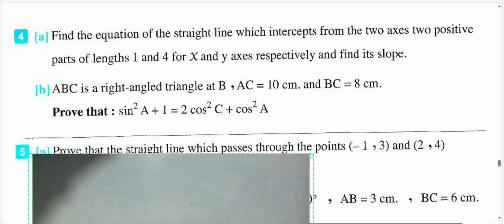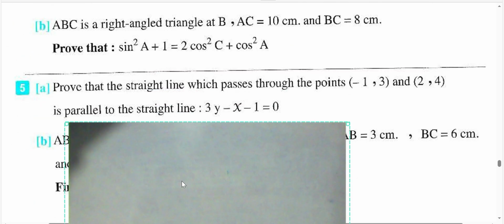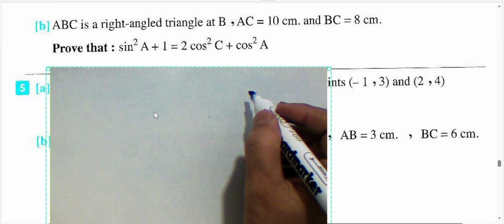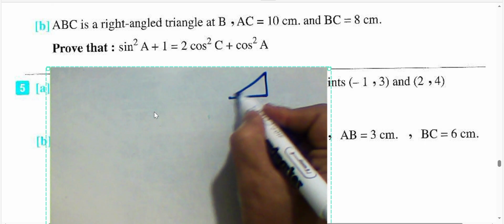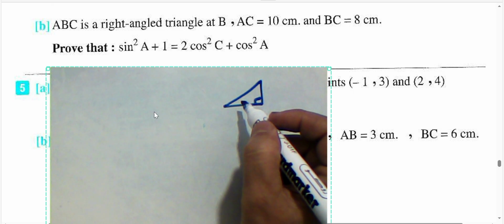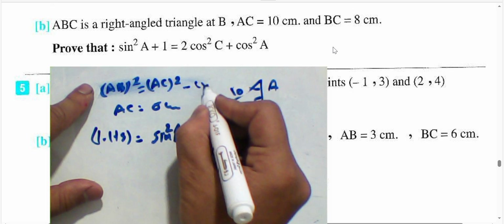Next question. Right angle triangle ABC, AC equals 10 centimeters, BC equals 8 centimeters. Prove that sine squared of A plus 1 equals cosine squared of C plus cosine squared of A. Okay, first we can draw the right angle triangle and find the missing side. The triangle is right angled at B, so AB equals the square root of AC squared minus BC squared.